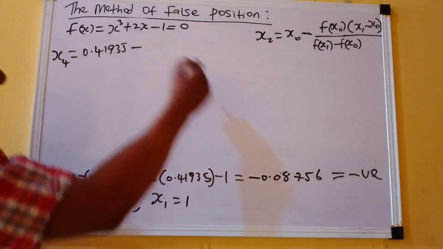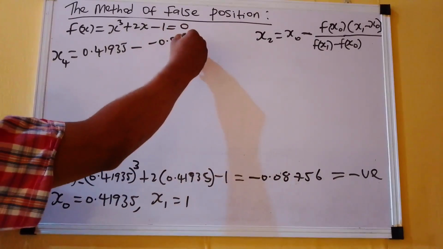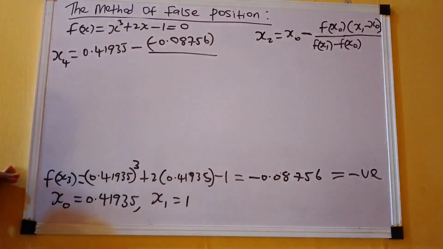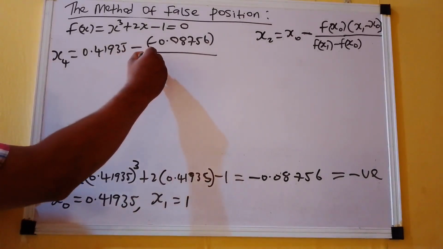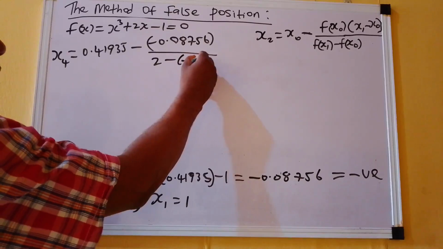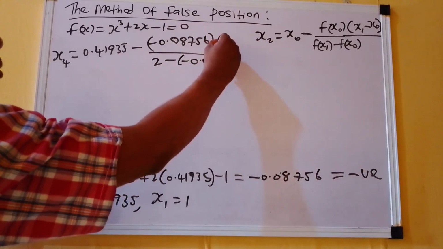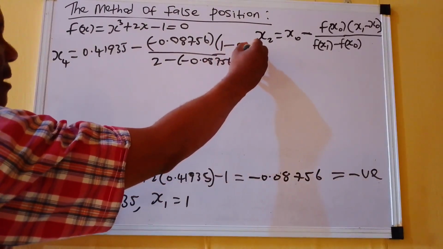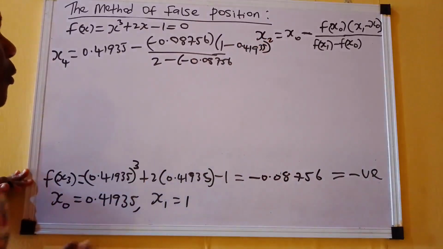F of that is minus 0.08756. Then all over f of x1. Of course, our f of x1 is 2 minus then f of x0 bracket minus 0.08756. Then of course here you put your x1 is 1 minus our x0, 0.41935. So you put it there like that.